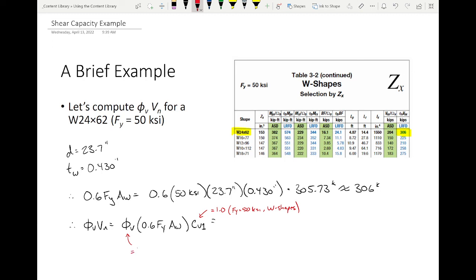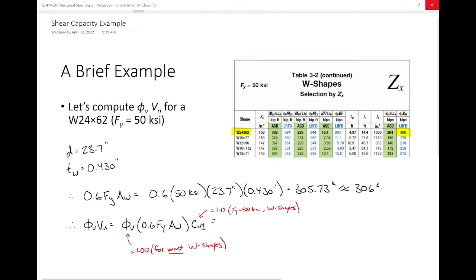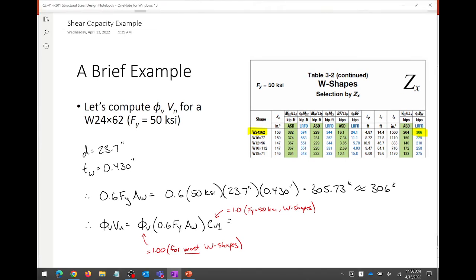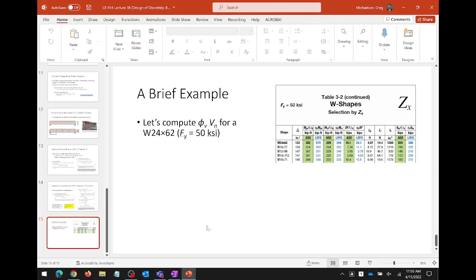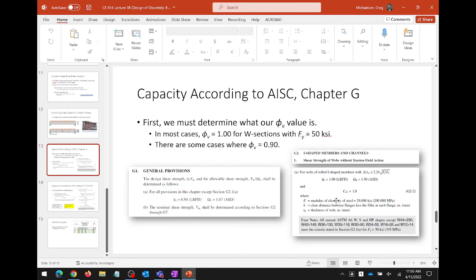And this equals 1 for most W shapes. Okay? And if you want some detail on what I mean by most, well, it's right here.